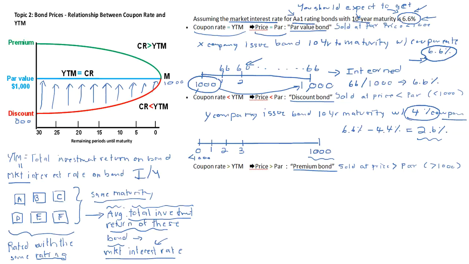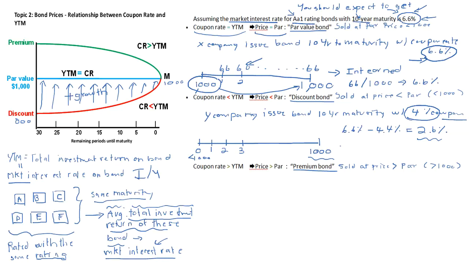So from 800 to $1,000, that is the growth that will be another piece of return that you can earn from this bond. So this is the growth, which is the positive growth.